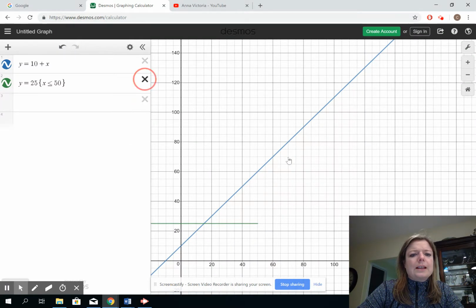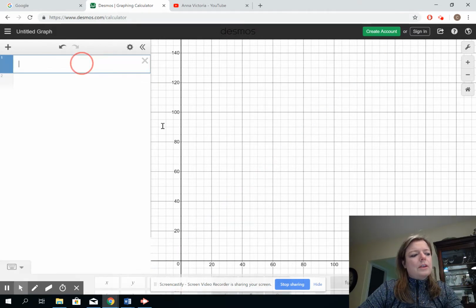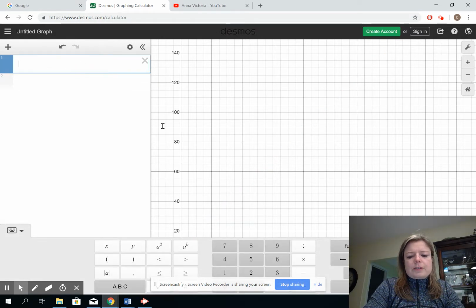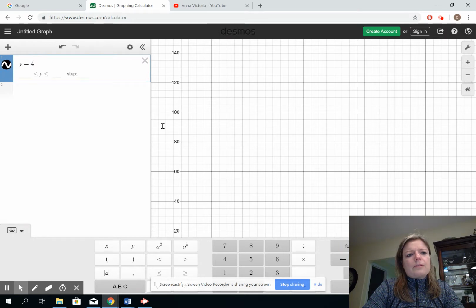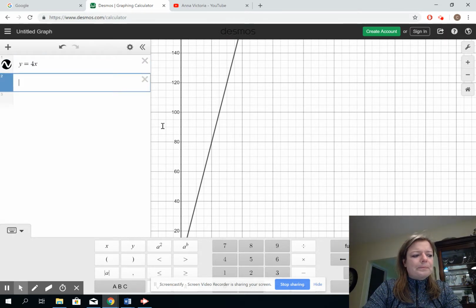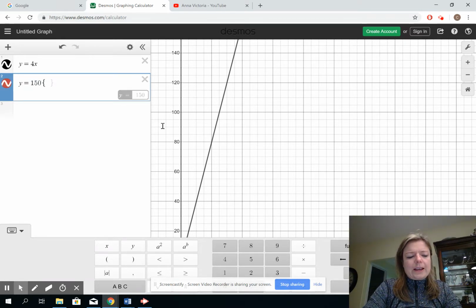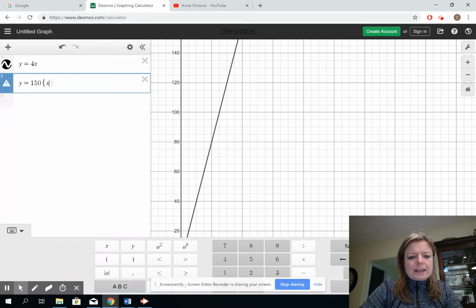So you can just press the X's to get rid of those. So let's do Sylvia's first. So hers is just y equals 4x. Okay. Now toddler time has y equals 150, curly bracket, for x less than or equal to 40, end curly bracket.